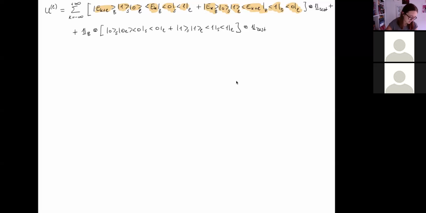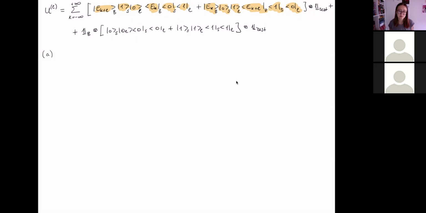Okay, so the first thing that we need to make sure is that this unitary still allows us to work with these three systems as isolated systems, in the sense that we need to make sure that this unitary preserves the energy that is in all these three systems combined.